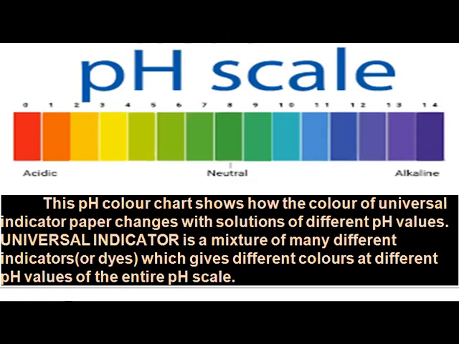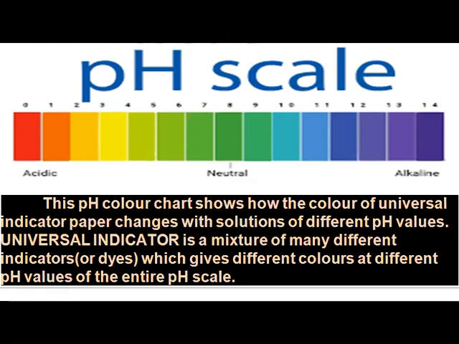If the solution is more acidic, it will be to the left side, and if more alkaline or basic, it will be to the right side. Water will produce a green color with the universal indicator. Hence, we say water is neutral in state.